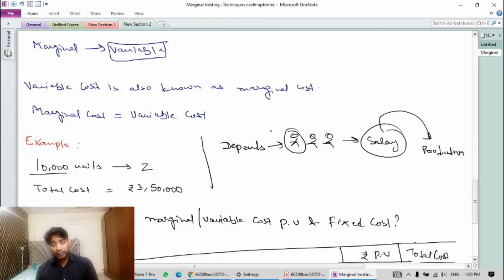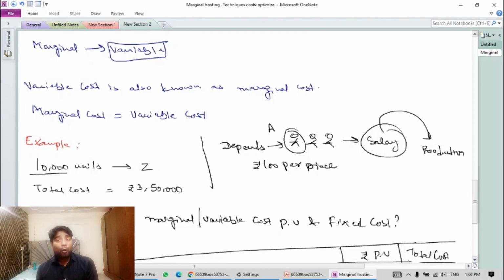Let us take an example. This is Mr. A, our labor. When we hire him, we tell him that he will get a wage rate of rupees 100 per piece that he produces. If he produces one piece, he will get rupees 100. If he produces two pieces, he will get rupees 200. But if he doesn't produce any piece or any product that we want, then he will get zero.